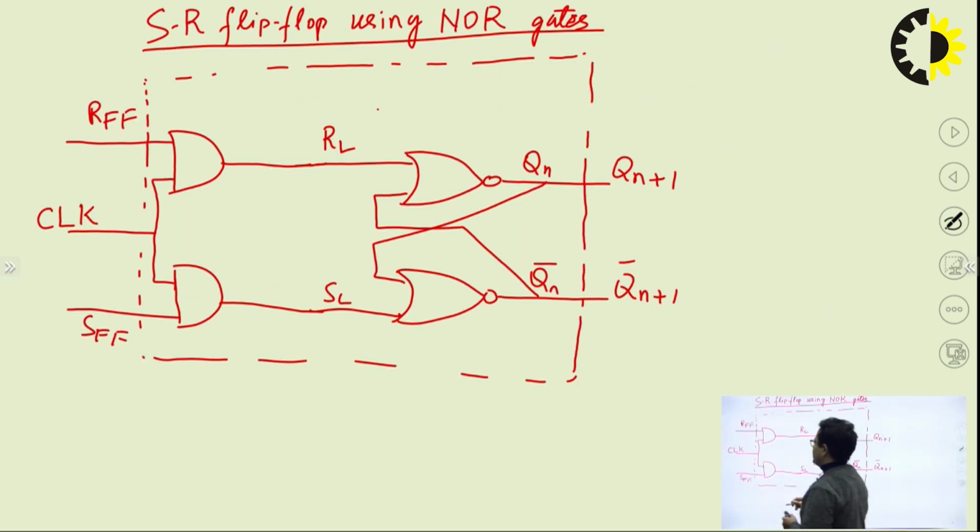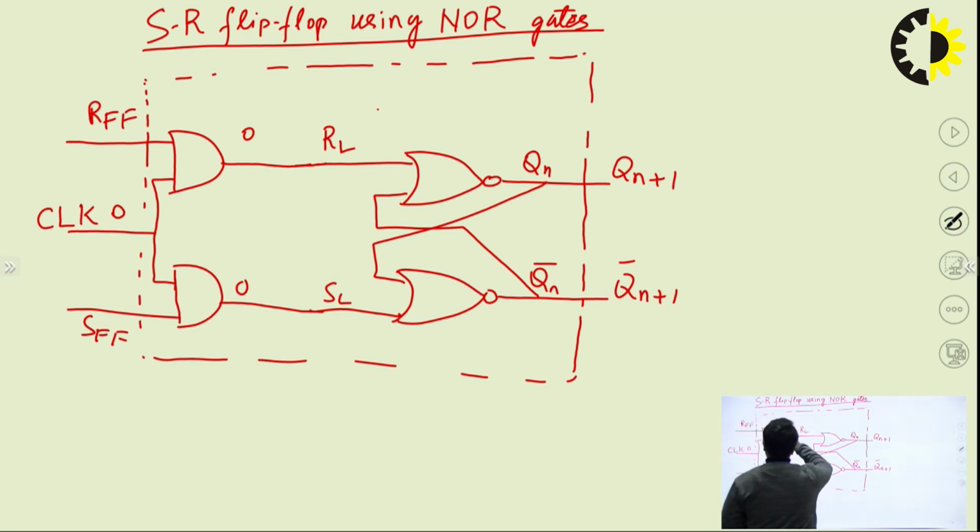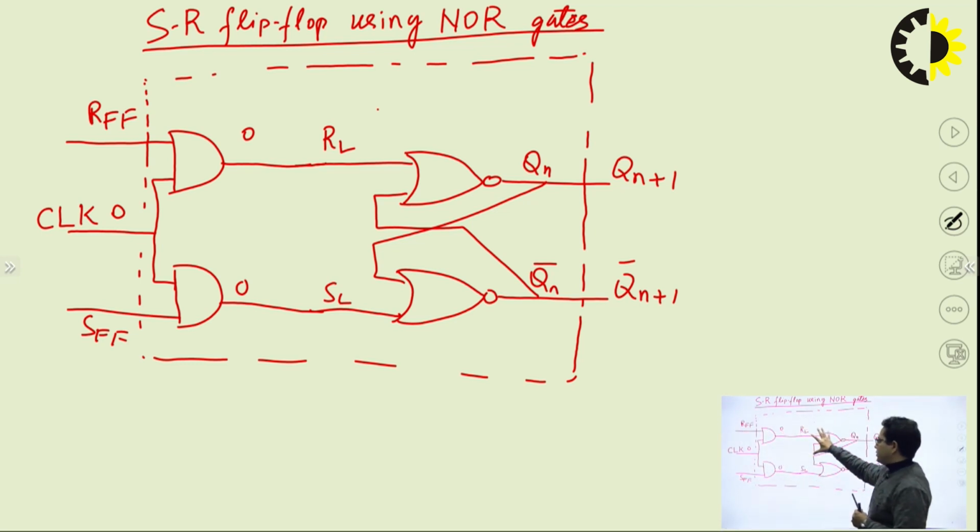Now let us try to visualize this point, what if I am providing a 0. The moment you are providing a 0, irrespective of the input values R and S, what is the output that your AND gate will provide? Definitely it will provide 0. And the moment you have provided 0 at the input of the NOR latch, it is not going to respond as per the change.